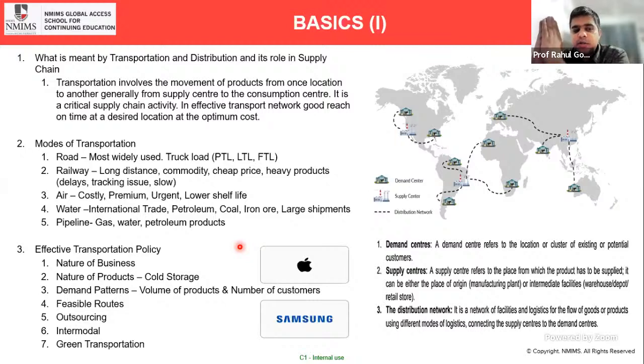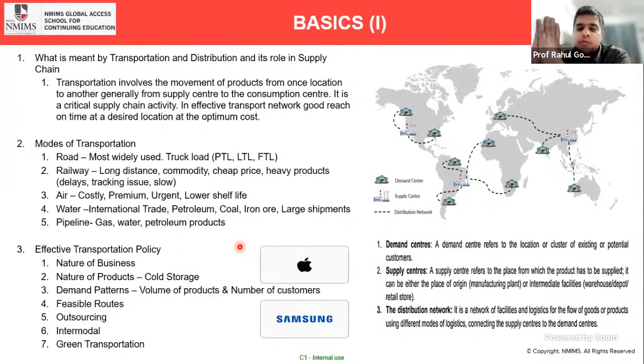It's a very important and critical supply chain activity, and a good transportation network will ensure that the right product reaches consumers' hands in the right quantity, at the right time, at the right cost.